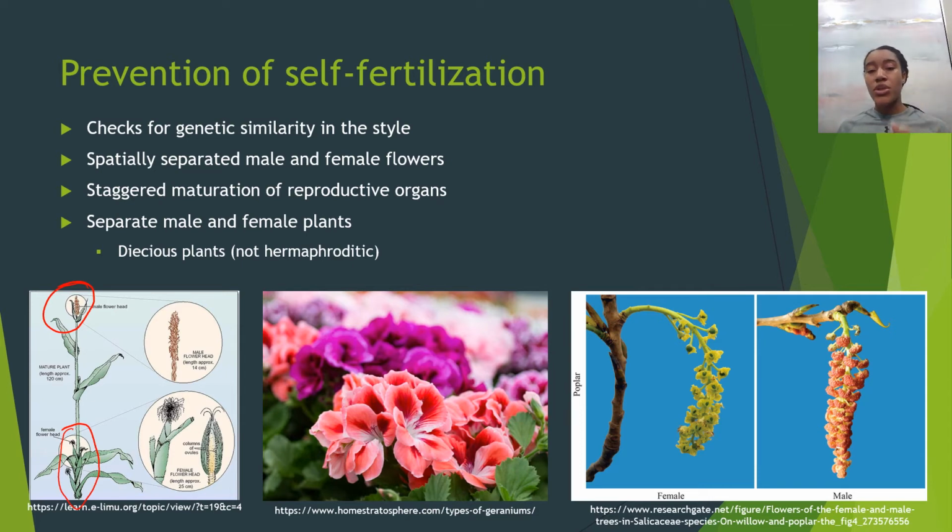But poplars, willows, and things like that have their male and female flowers on completely separate plants, they're dioecious. And you can see that here in this picture for the poplar. This is an example of the female flower. It'll have the stigma, the ovule, the ovary, all that stuff. And then this is an example of the male flower, and it'll have the anthers and the filaments. So they're on two separate trees.